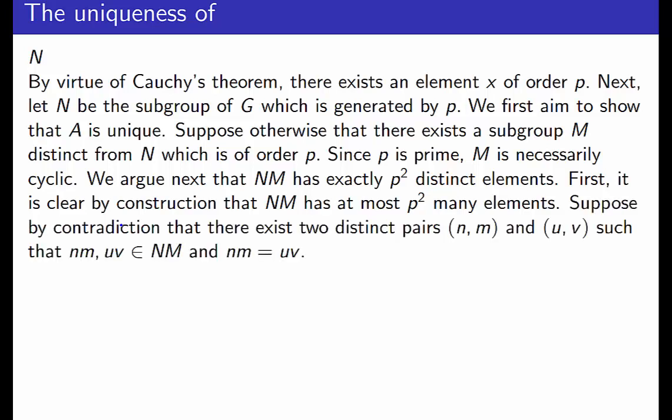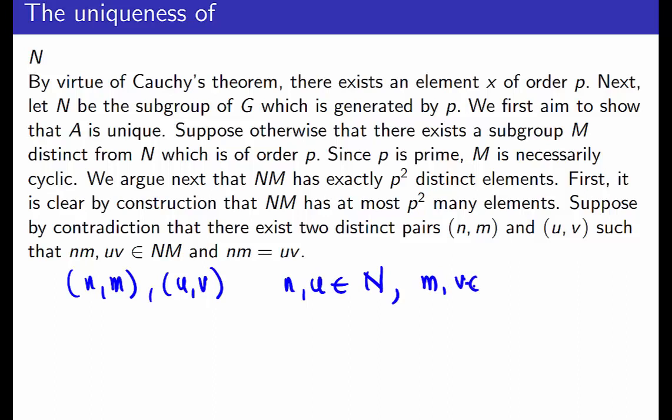So suppose by contradiction that there exist two distinct pairs. So we have here that n, m and u, v are distinct pairs. So here n and u are in N, and little m and v are in M. And somehow when you take n times m, we get u times v.